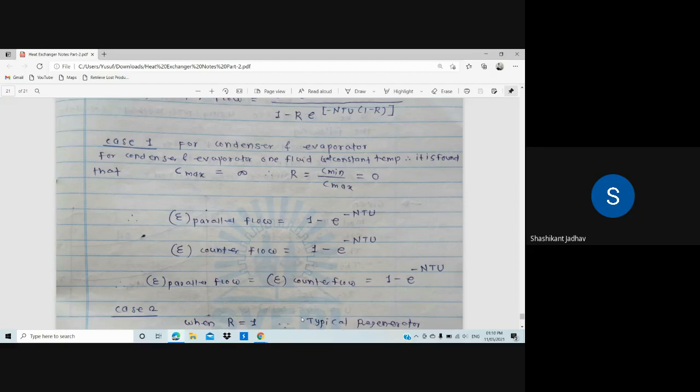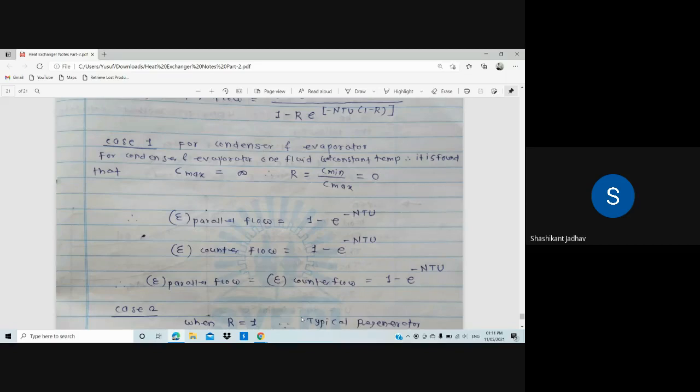So write down: C max is equal to infinity, therefore R is equal to C minimum upon C maximum, which is equal to 0.